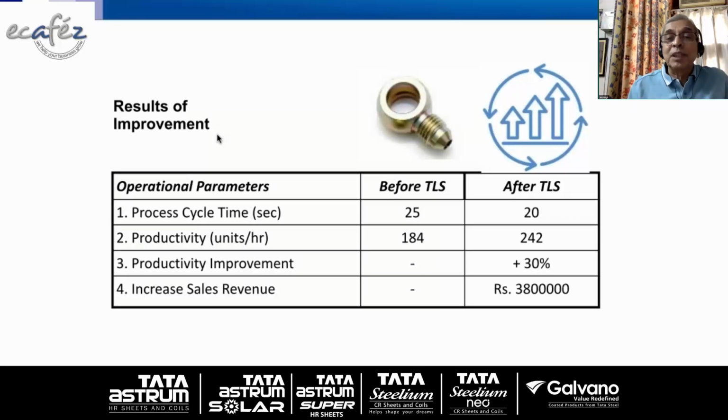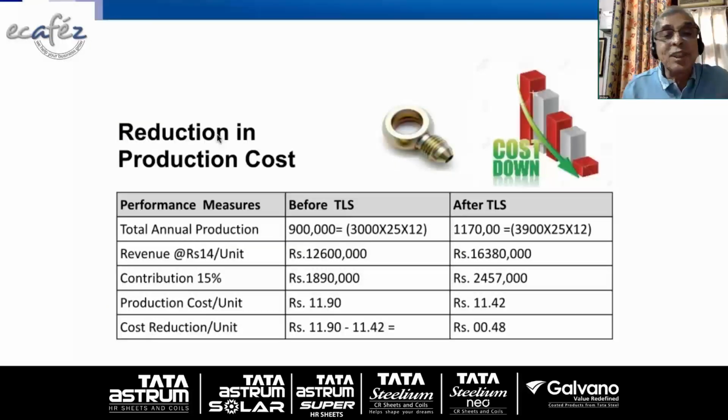Productivity improvement was 30%, and sales revenue was increased significantly. For the reduction in production cost of each item, the cost has been calculated by their cost accounting. The total annual production was 900,000 units. After TLS, it increased to 1,170,000 units.